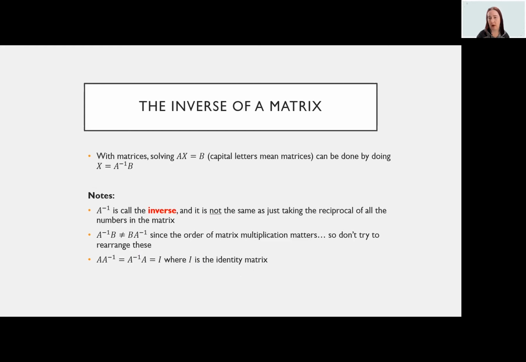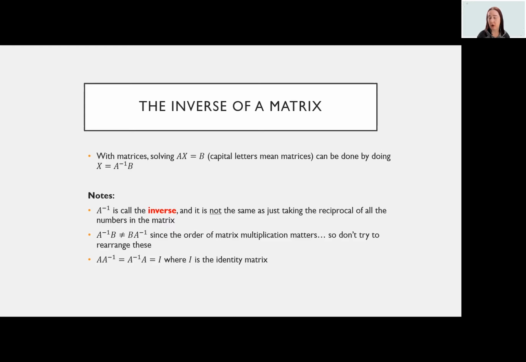So we use capital letters when we're referring to matrices. And so instead of solving with the lowercase ax equals b, you've got all capital letters, AX equals B. And you're basically doing that process, which gets you X equals A to the negative 1 times B. And that's how you can solve and figure out what your unknowns are by solving that matrix equation.